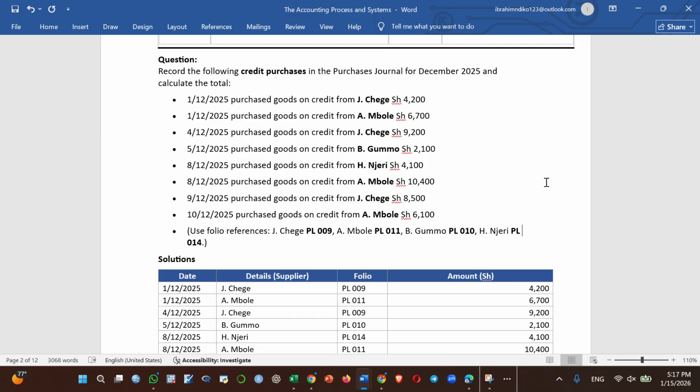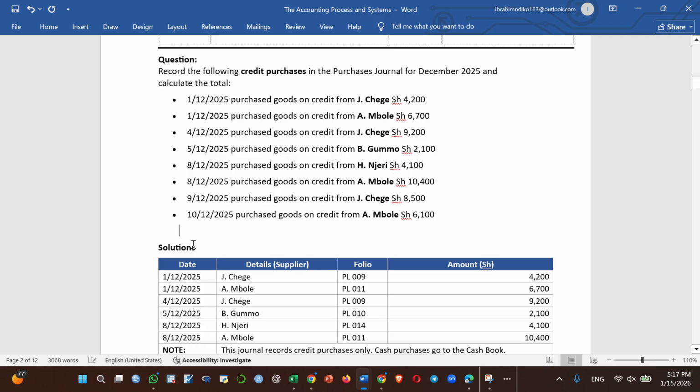Then on 8th of December, there was a purchase of goods on credit from Jerry. Then also on 8th, there was a purchase of goods on credit from Ambole. Then on 9th, there was a purchase of goods on credit from J. Chege. Then on 10th, there was also a purchase of goods on credit from A. Ambole.